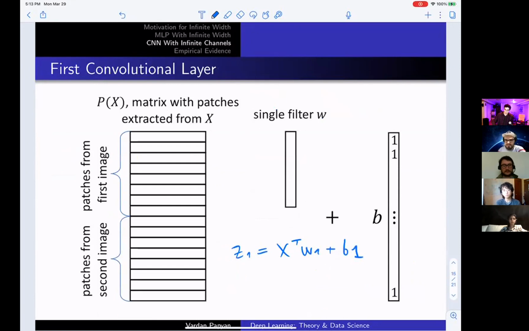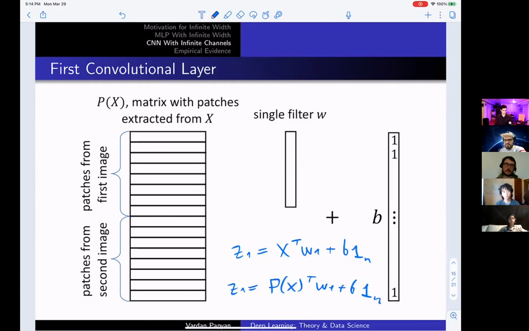Instead of having this equation, you would have Z1 is equal to P of X transpose W1 plus B1, where P of X is now a matrix that, instead of containing the different examples in its columns, contains patches of the size of the convolutional layer, like 3 by 3 patches from the input data.